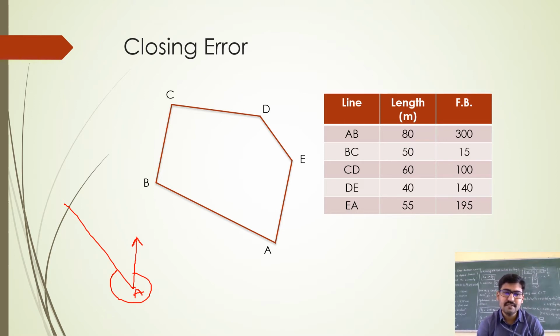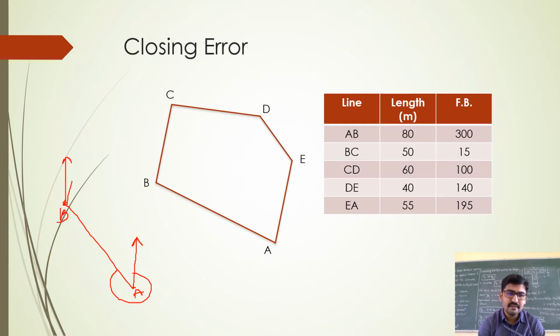So point B is fixed, this point, right? And here also the north will remain the same, north will not change, right? So this is point B. Now you keep the compass on point B, then you observe and draw the next line, isn't it? The next line has a bearing of 15 degrees. So 15 in the sense what?